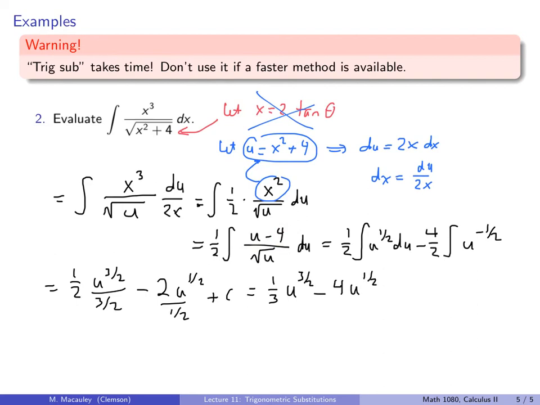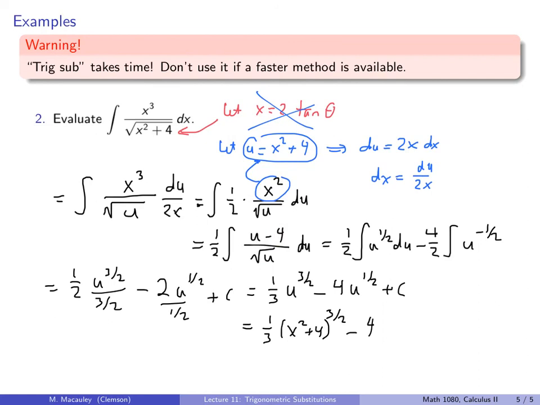And if we substitute back in, this is 1/3, I forgot my c up here, 1/3 x squared plus 4 to the 3/2. We could do cubed and a square root if we want to, but we don't need to.